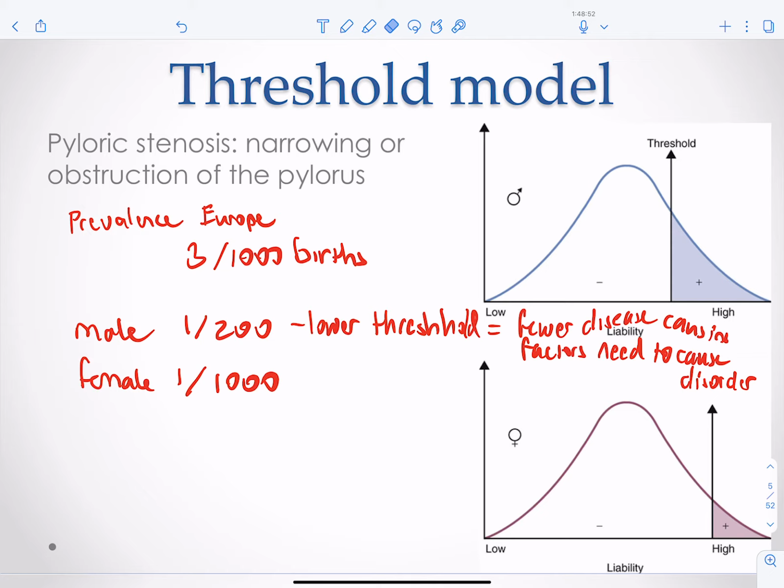However, if you have a female with pyloric stenosis, the probability of disease will be much higher in male siblings, for example, because the female has more influences that are probably also passed on to male siblings. Since males have a lower threshold to reach pyloric stenosis, more males with an affected female sibling will also likely be affected.